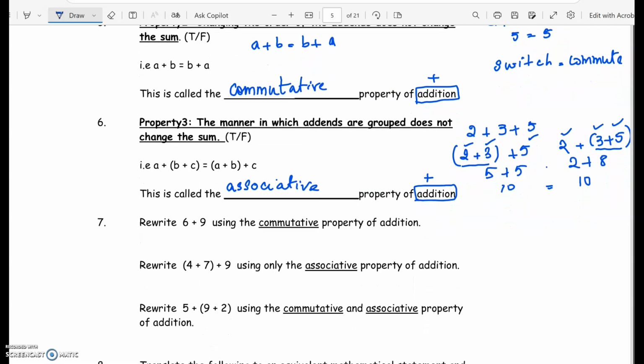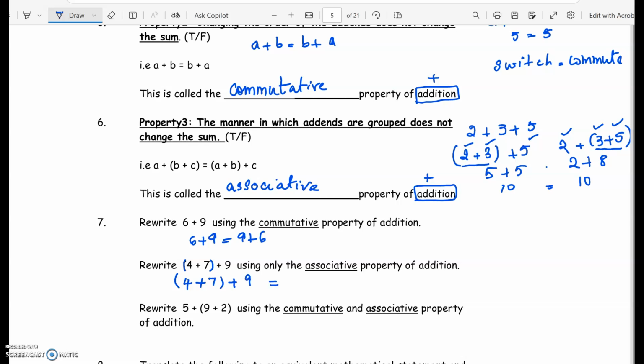Now let's rewrite 6 plus 9 using the commutative property. Commutative means switching. So 6 plus 9 equals 9 plus 6. Now the quantity 4 plus 7 plus 9, we're going to use the associative property of addition. So 4, 7, in parentheses, plus a 9.